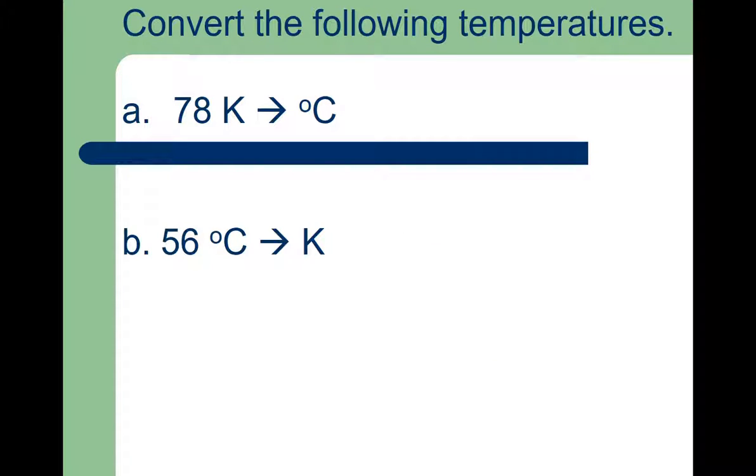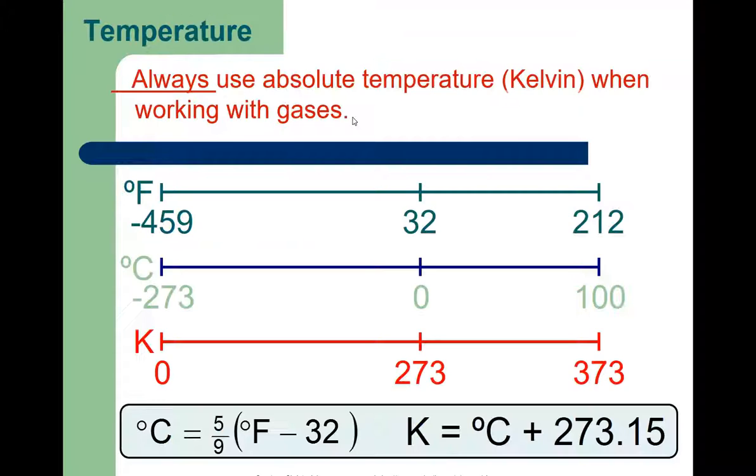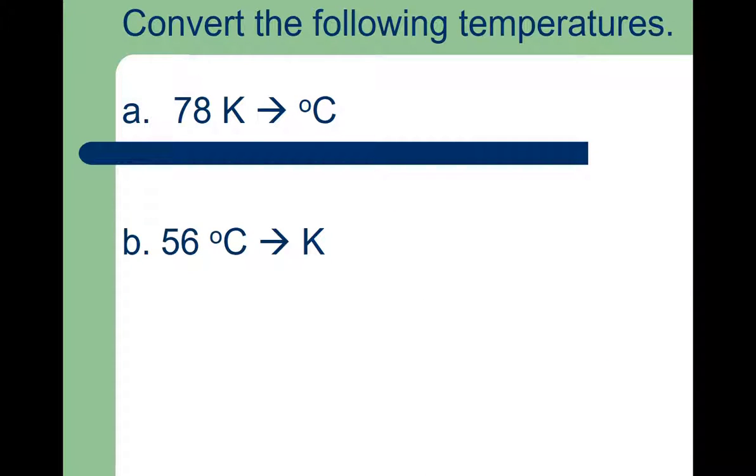So we're going to convert really quickly from Kelvin to Celsius here. To go from Kelvin to Celsius, what do you think we need to do? Well, you're going to subtract 273.15.